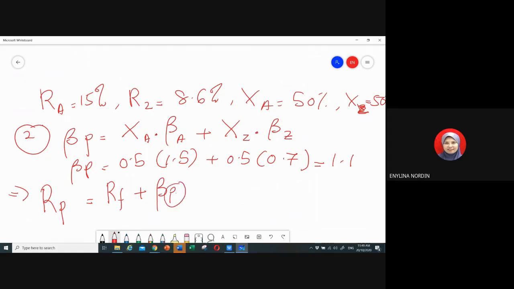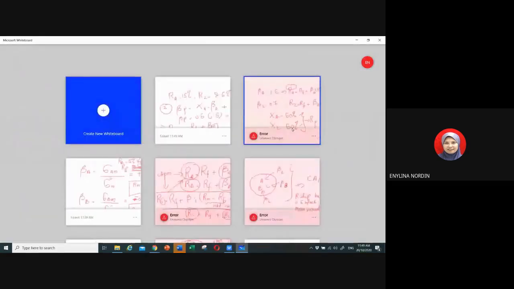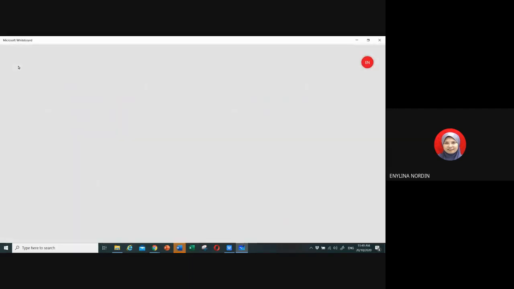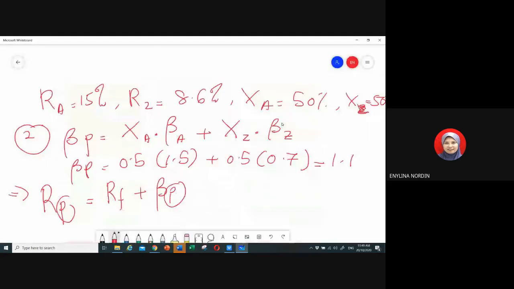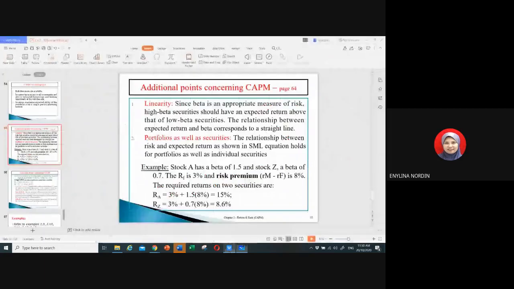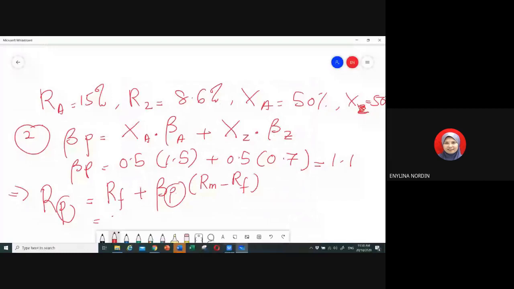We must be consistent, portfolio with portfolio. If we calculate the required rate of return for stock A, we use the beta of stock A. Now beta of the portfolio we already have, times RM minus RF. This is how we apply it to calculate the return of the portfolio. RF earlier was how many percent? 3%. So 3% plus the beta of the portfolio, 1.1, times RM minus RF, which was already calculated for you.